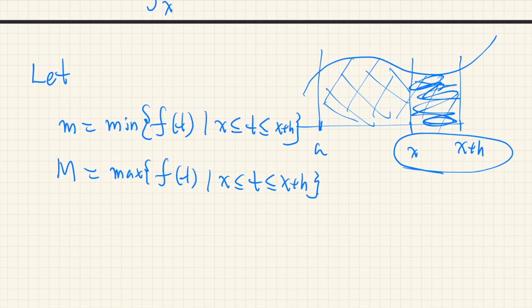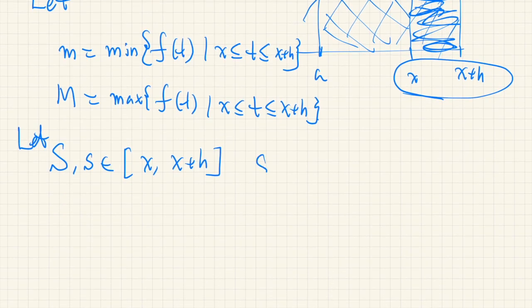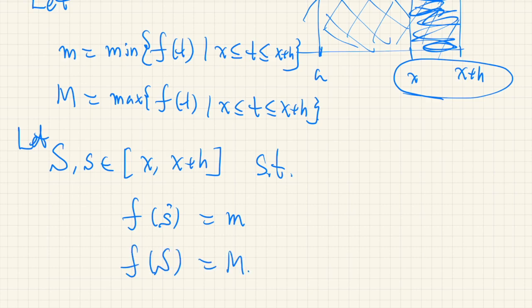And also we define lowercase s and uppercase S in the interval such that f of lowercase s is equal to the minimum and f of uppercase S is equal to the maximum.